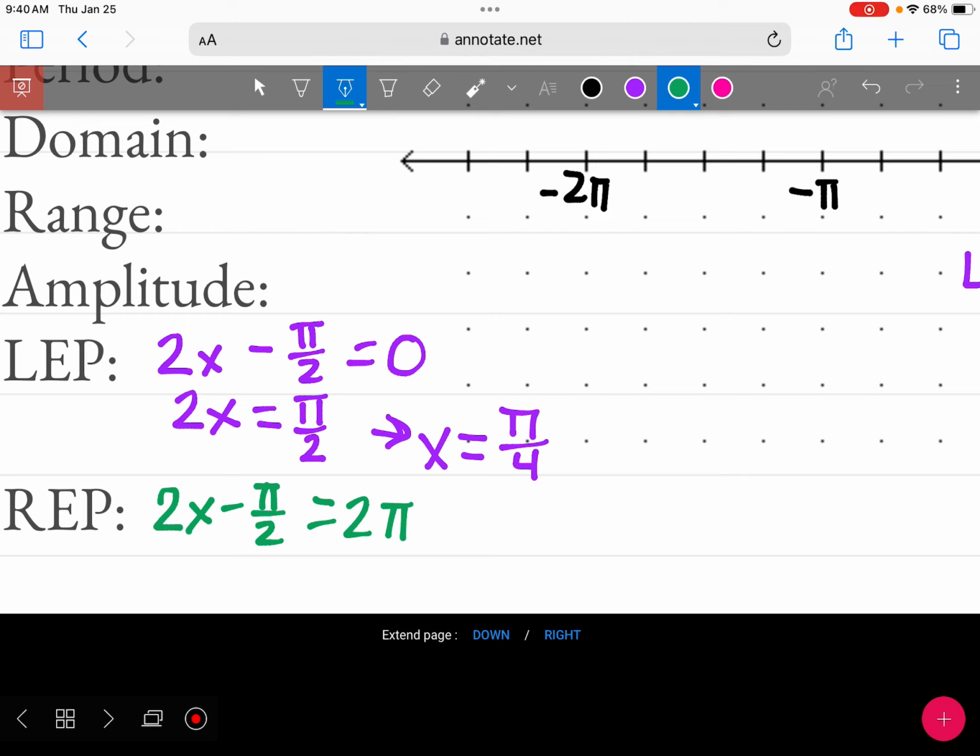Add pi over 2. So that gives us that 2x equals 2 pi plus pi over 2, 5 pi over 2.